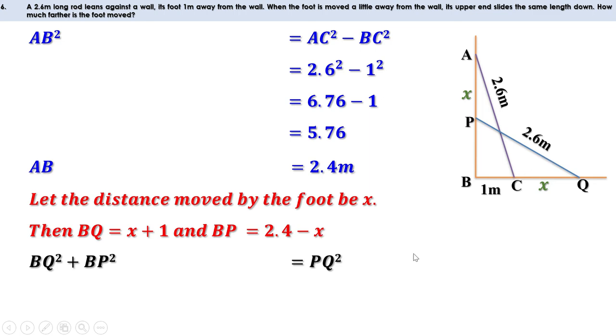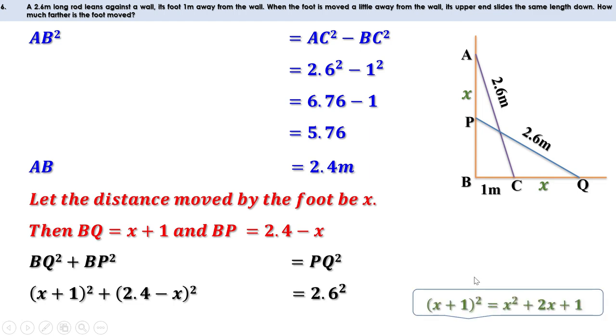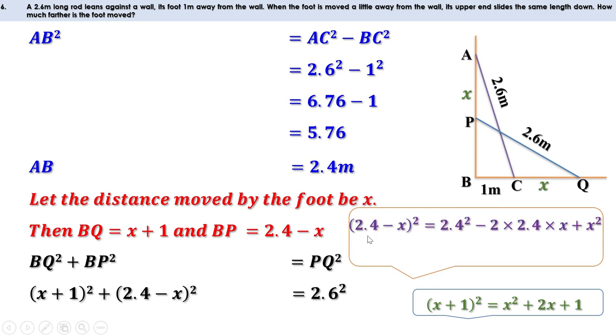Replacing the values, we get (x plus 1) all square plus (2.4 minus x) all square equals 2.6 all square. (x plus 1) all square is x square plus 2x plus 1. (2.4 minus x) all square is 2.4 square minus 2 into 2.4 into x plus x square. 2.4 square is 5.76, minus 2 into 2.4 into x is minus 4.8x, and plus x square. 2.6 square is 6.76.